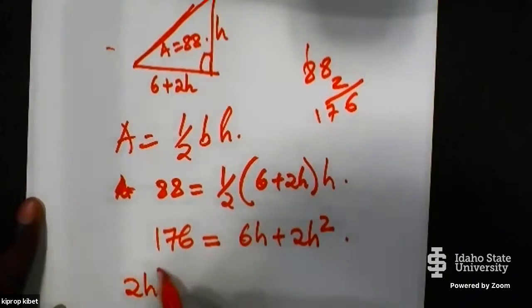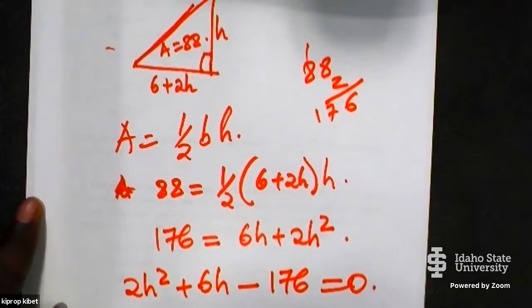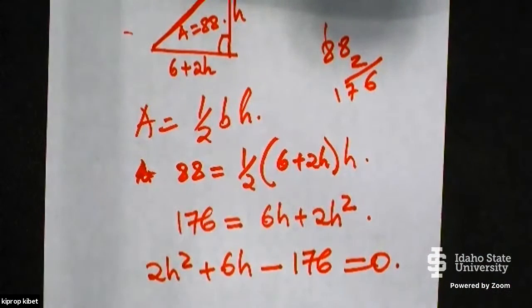So 2h squared plus 6h minus 176 equals 0. So now you can use the quadratic formula there.